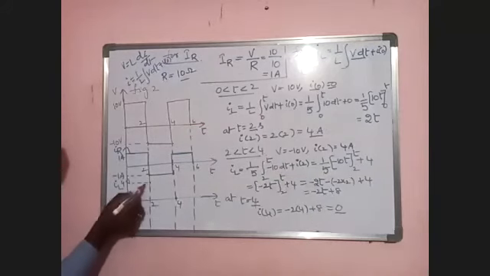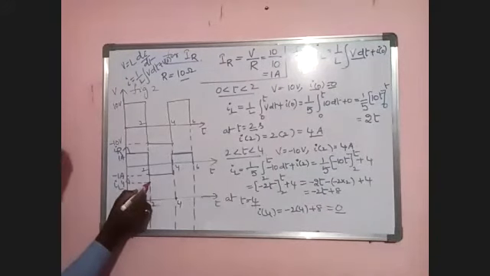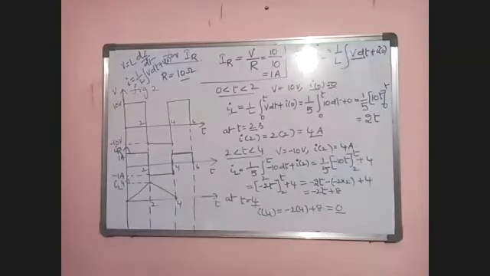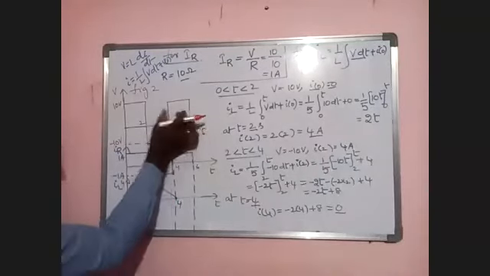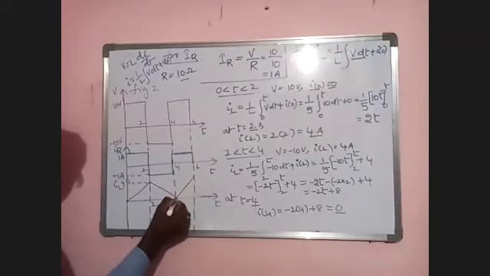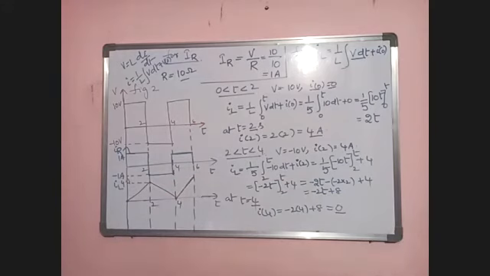That means this will be a triangular line. From here onwards, again, this is similar to this one, and you may get this triangle. Now this is about I L.